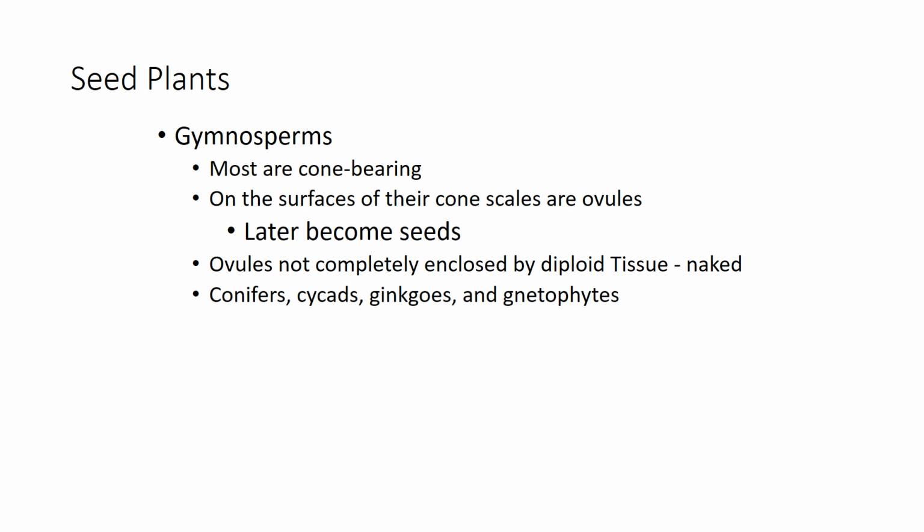These types of seed plants have special tissues called meristematic tissue, and that allows plants to grow their entire lives. Gymnosperms don't really have a final body form, but they continue to grow body mass until the trees finally die. And some of these trees can be up to hundreds of years old.